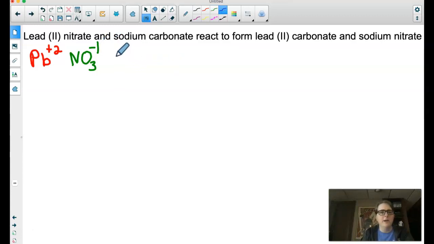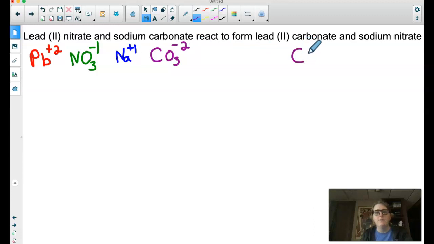Now when I go to sodium carbonate, sodium is Na +1, and then carbonate is CO3, so a carbon with 3 oxygens, and is a -2.